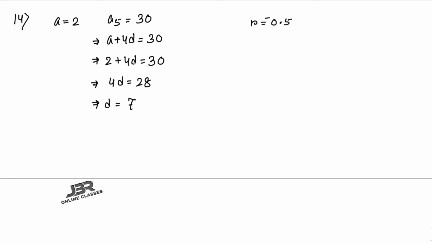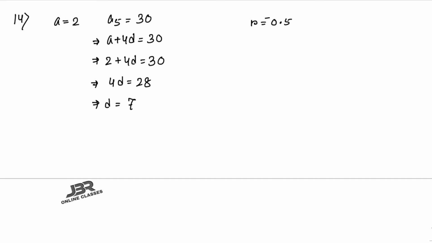The sum of first two terms of the geometric progression is the same as the second term of the arithmetic progression. Okay, sum of first two terms is the same as the second term of the arithmetic progression.